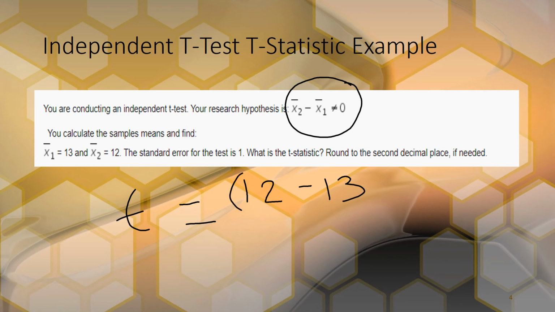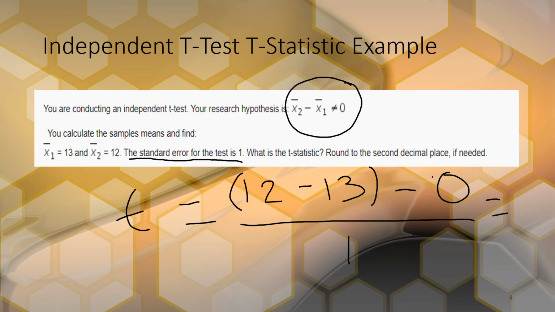And then this minus 0, because that's the number in the null, divided by the standard error, which is given to you, which is 1. So we're going to have negative 1 divided by 1, which is negative 1. And so that's our t. And that's it.